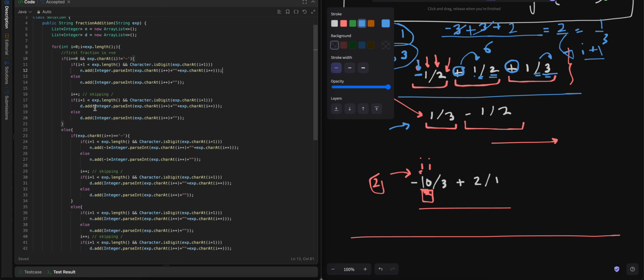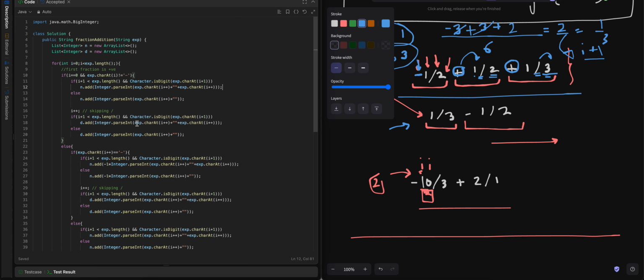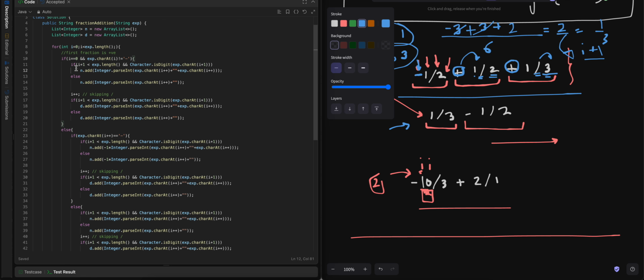And other than that, there are certain common things I'll just cover. If you see in all the conditions, we are checking whether i plus 1 is less than expression.length. Why are we doing it? It is because we are not at the last character, since we have to check for the 2-digit number.